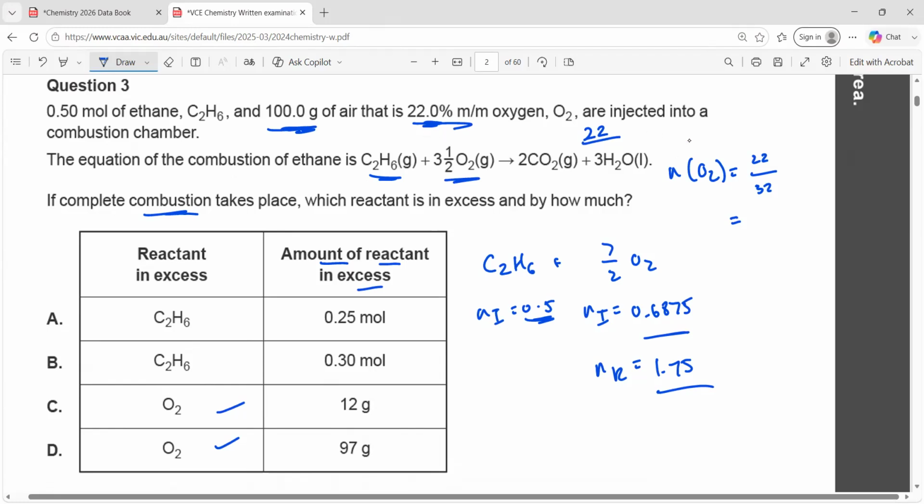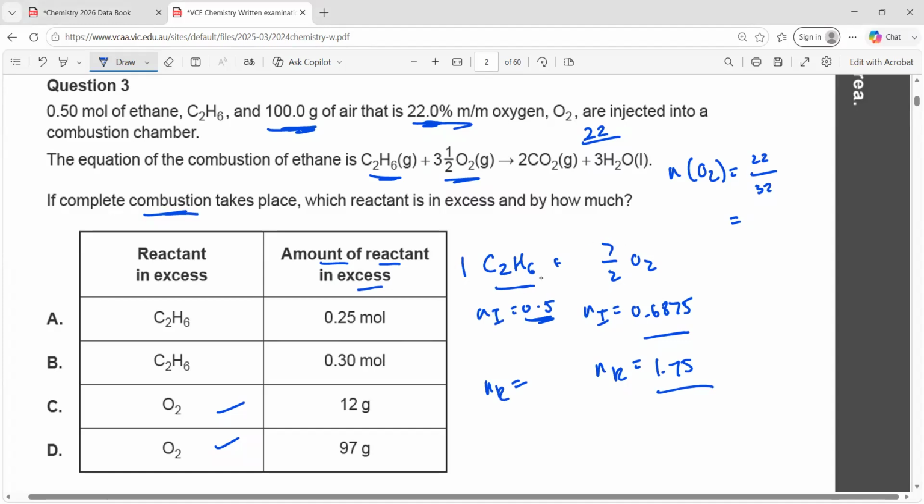And then 22 divided by 32 is 0.6875. If complete combustion takes place, okay, let's just figure this out. So n of O2 is 0.6875, and there's a 1 to 7/2 ratio.